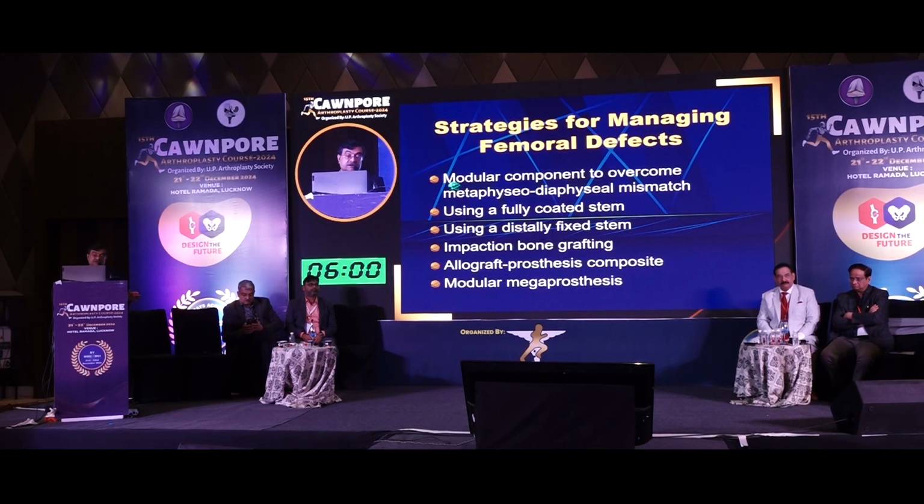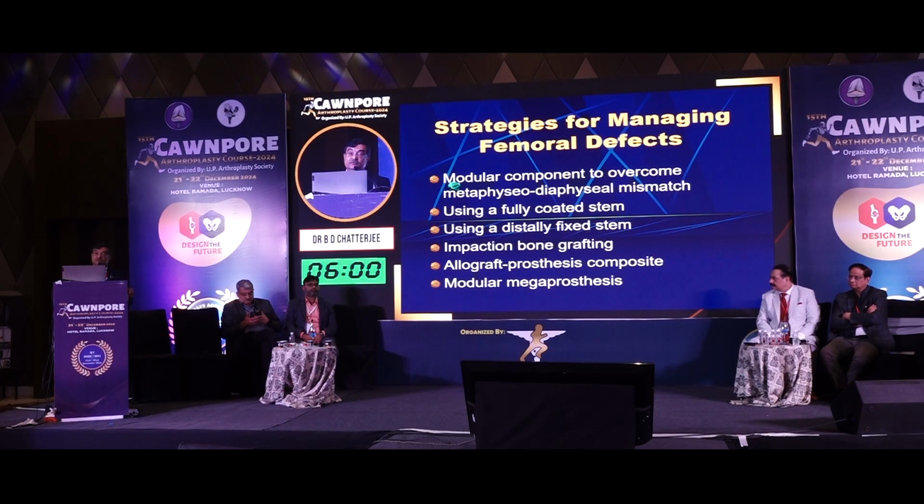Now, what are the strategies for managing these defects? One of the very popular ones is to use a modular component where you can address the mismatch between the metaphyseal and the diaphyseal regions. If you wish to get further fixation, you can use a fully coated stem. When the metaphysis is beyond redemption, then you have to depend on a distally fixed stem, and the popular design today is a titanium stem which is fluted and conical in shape.